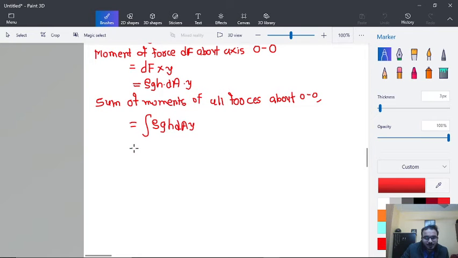So further continuing on this, we can say it is integration rho g, instead of h we can write down y sin theta into dA into y. So taking the constant terms outside, we will have rho g sin theta integration y square dA.